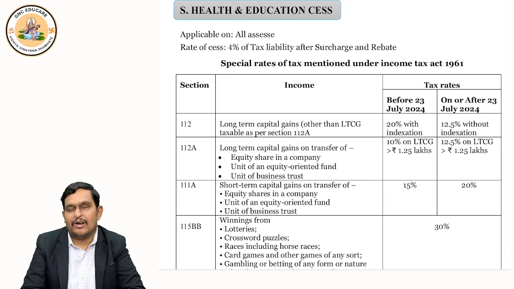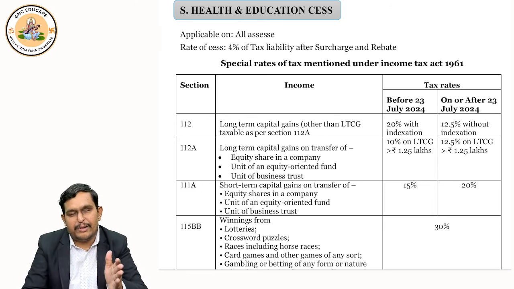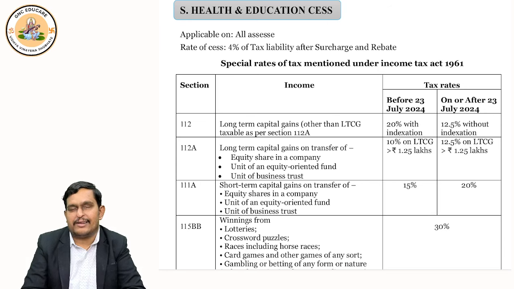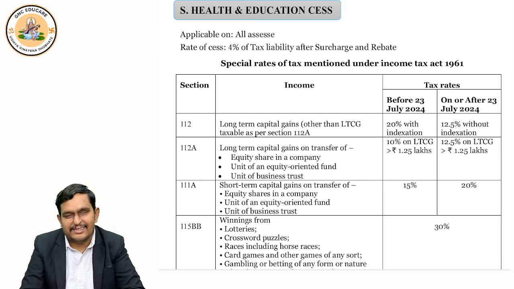For long-term capital gain on sale of building, property, jewelry, aircraft, ships, any fixed assets in simple language other than shares and listed securities, what is the rate? Before it was 20%. Now it is 12.5%. So before 23rd July, 20%. On or after 23rd July, 12.5%.